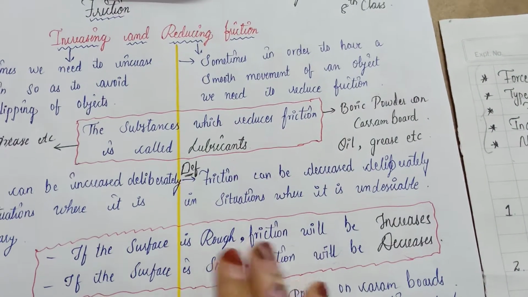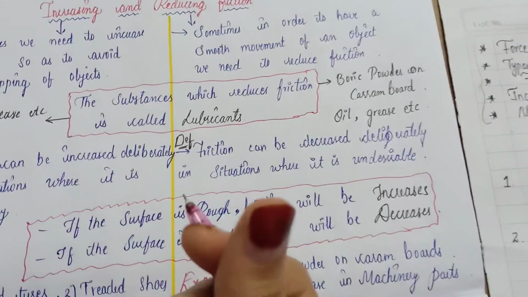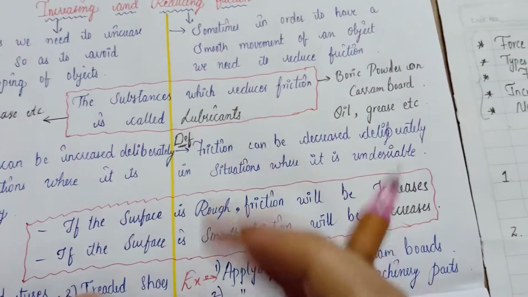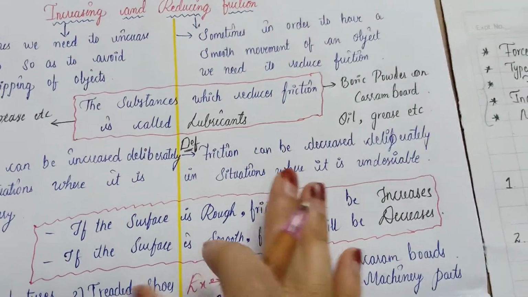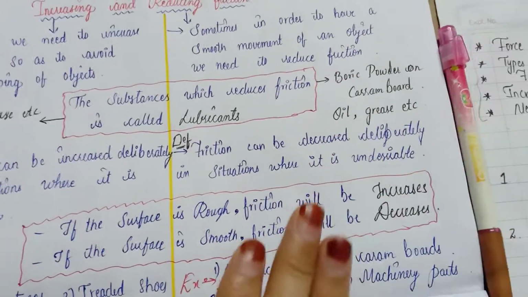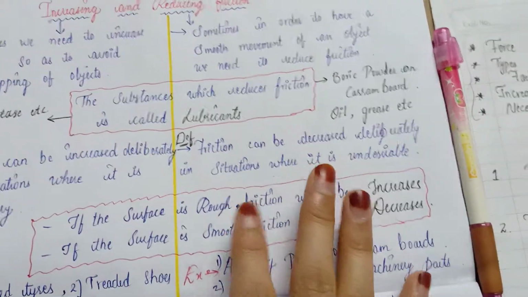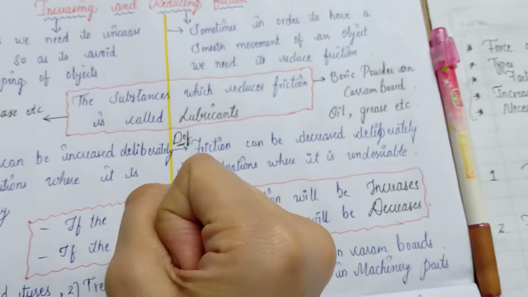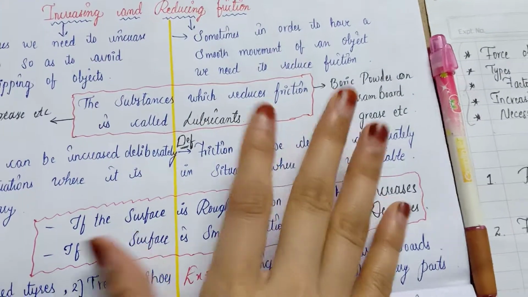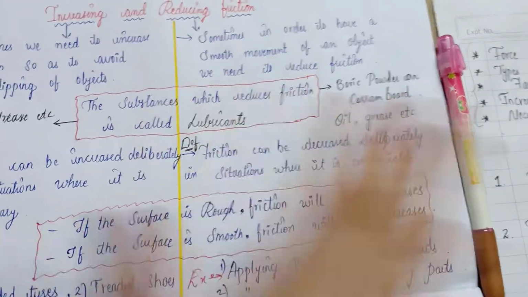Why are they different? Because they are made of rubber, which has a grip even on the wet floor. In washrooms and bathrooms, the floor is very wet, so to hold the grip between the object and the surface, the rubber plays an important role.